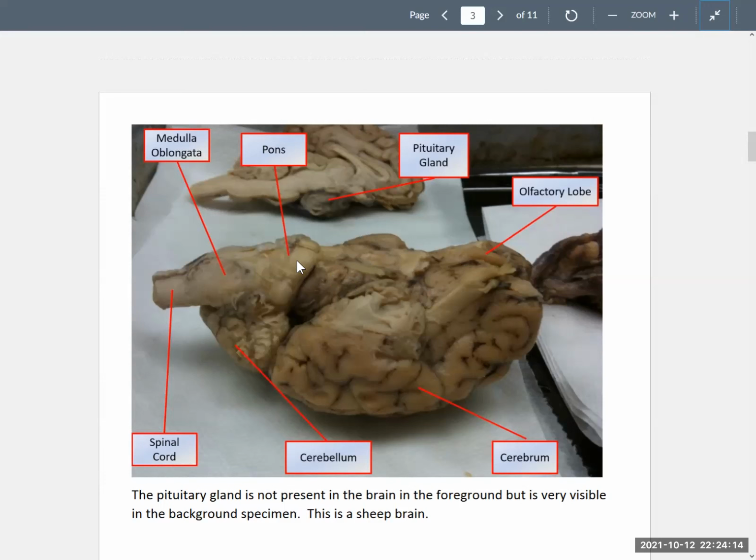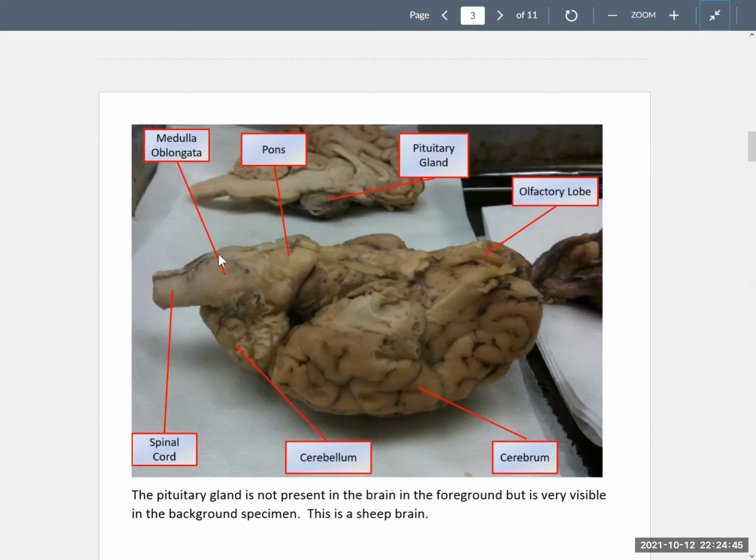Back farther underneath, the largest part of the brain is the cerebrum for higher thinking. Farther back still, this gnarly looking structure is the cerebellum, and it has the more primitive portions of our activities such as breathing and temperature control. Way back here is the spinal cord.